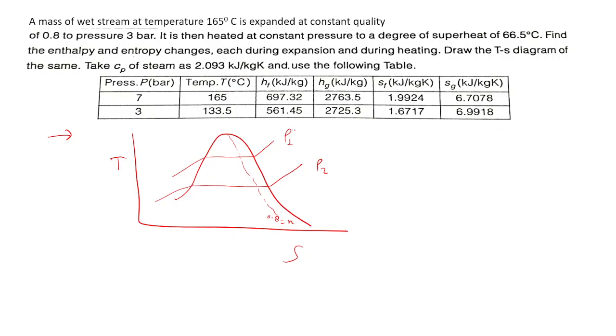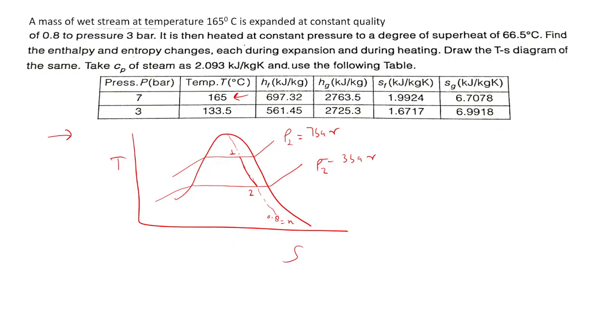First it is at this pressure, 165 means 7 bar. Pressure is 7 bar here, and here 3 bar it is coming. So this is the first point, this is the second point.